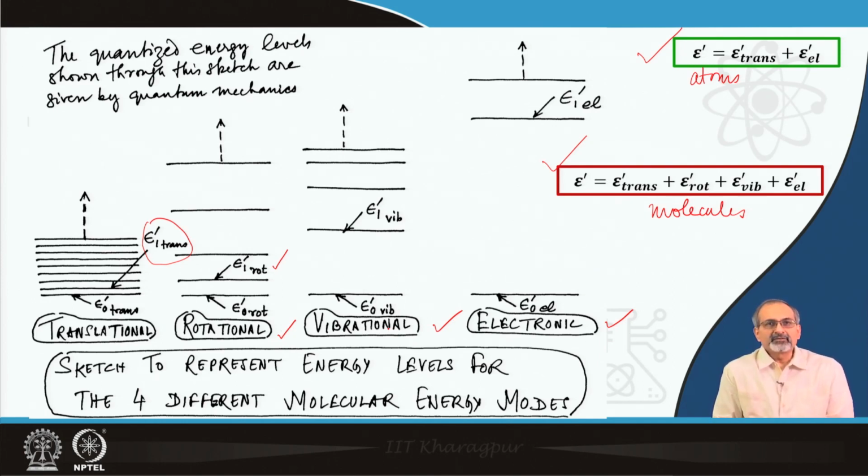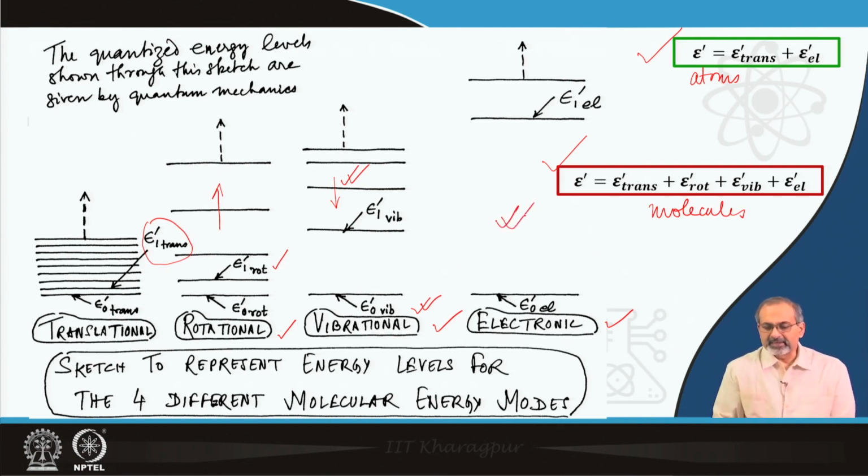The very close spacing of the translational is not what happens in rotational. You see wider jumps between discrete energy levels, and the jumps seem to increase as you go to the higher energy levels. In the vibrational case, it is the other way around. The first jump from the 0 to the 1 level seems to be the largest, followed by reducing energy jumps as you move up. So, I give this arrow in the sense that the change that you need to move from one level to the other reduces as you go to the higher energy levels.